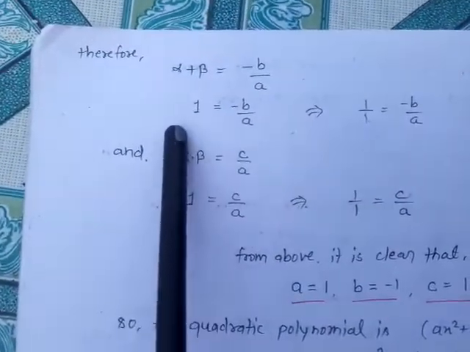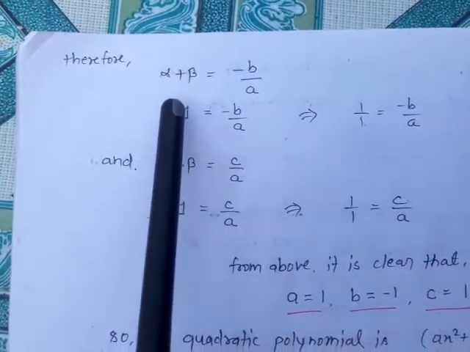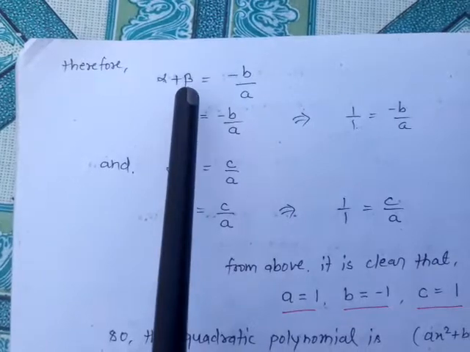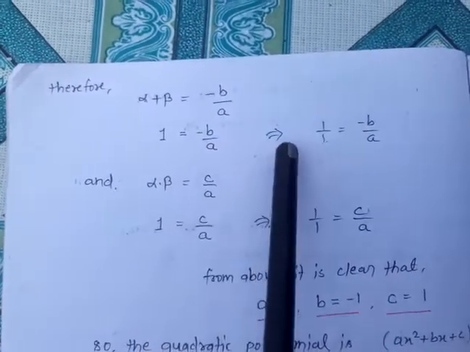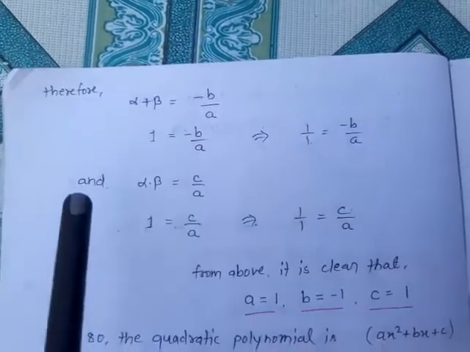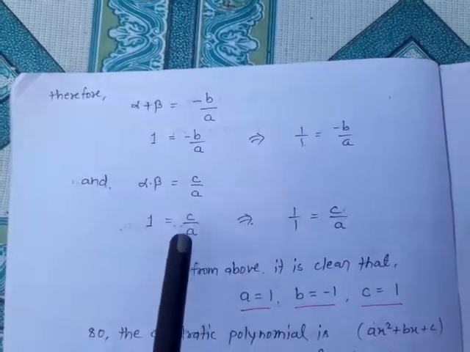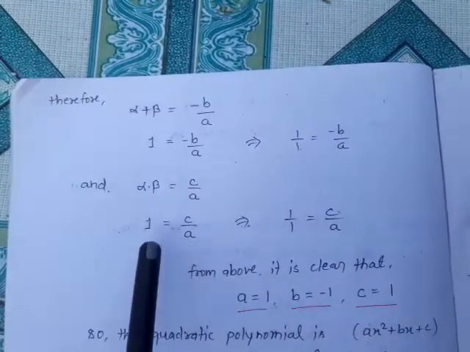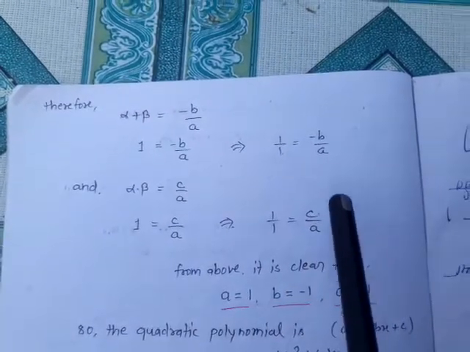We know that sum of zeros, alpha plus beta, is equal to minus b by a. The sum of the zeros is given as 1, which can also be written as 1 by 1 is equal to minus b by a. Second one is alpha into beta. Product of zeros is equal to c by a, which can be written as 1 is equal to c by a, which can also be written as 1 by 1 is equal to c by a.